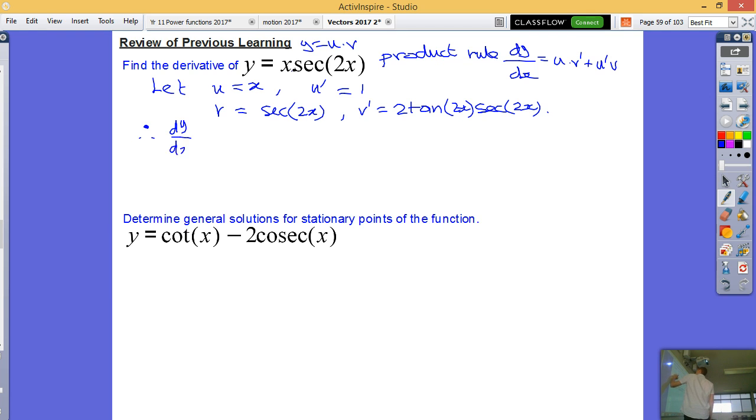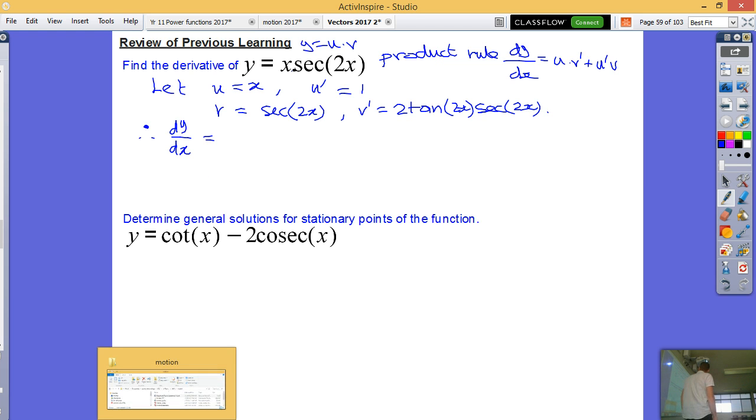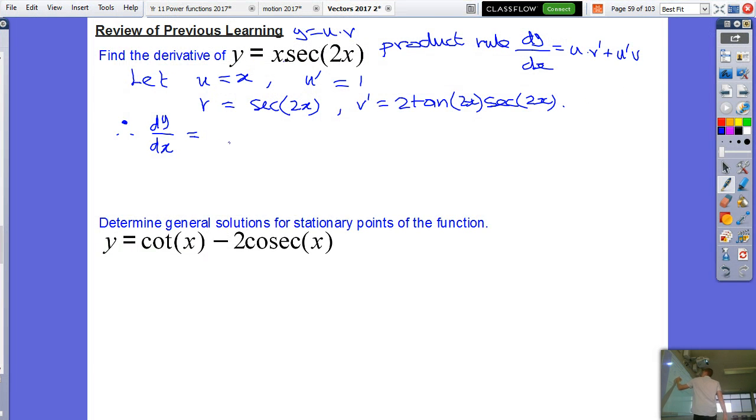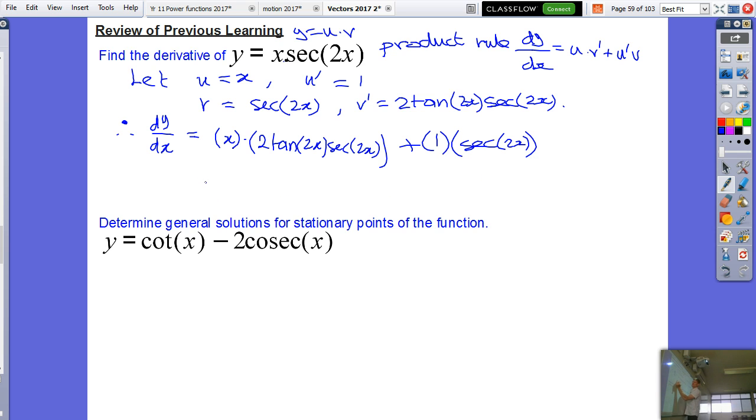dy dx is equal to the u function multiplied by v dash plus u dash multiplied by v.